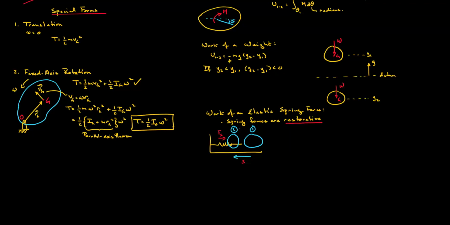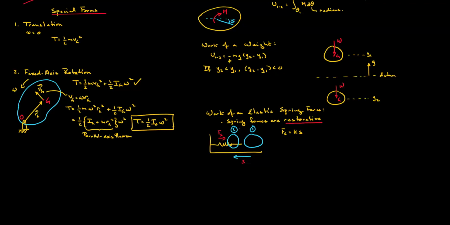We recall from Hooke's law that the spring force is equal to your spring constant multiplied by the displacement. The spring will do work when it either stretches or compresses from S1 to S2.